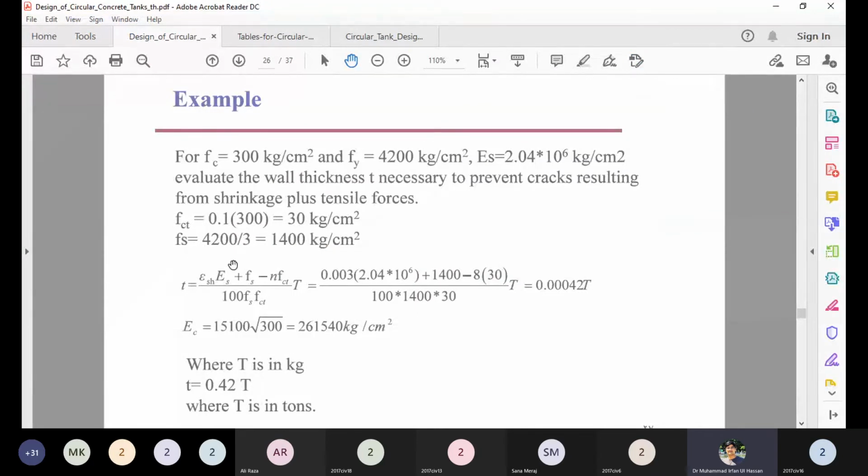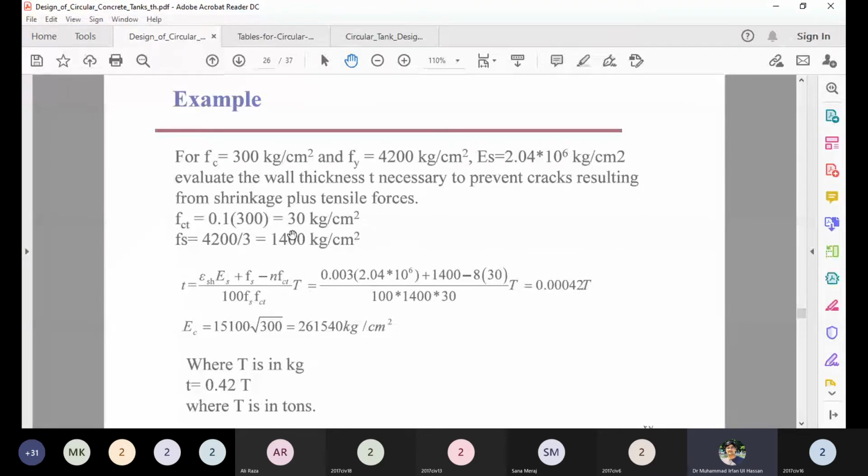Fs is Fy over 3 for the axial stress, so it is 1400. Now you can put down all the values, but the units put here are in kilogram and centimeter. So you can see that after putting down all the values, the thickness comes out to be 0.0042 times T, because every value was put in kg, so it means that the tension should also be put in kg.